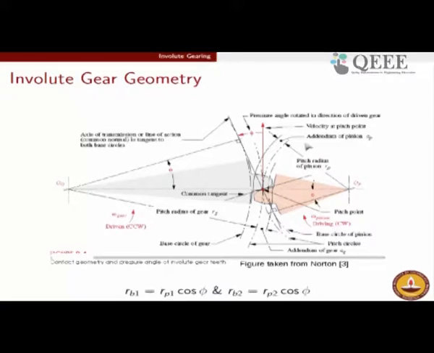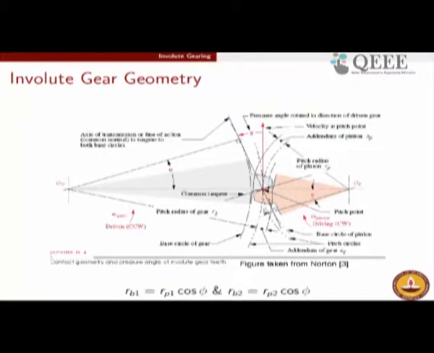So hopefully with some understanding of the involute geometry, we are now in a position to understand the gear geometry a little better. So we will introduce a few more nomenclatures now associated with the gear. So here what you see is the involute gear geometry. So there are two additional concepts which come into being. One is the base circle.